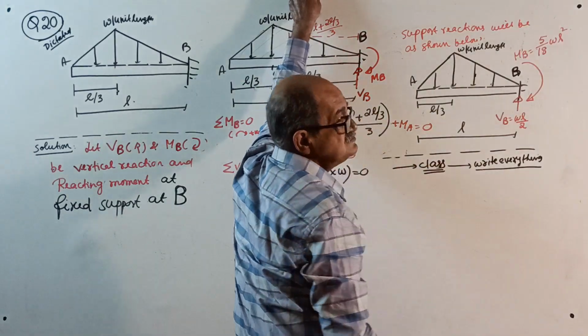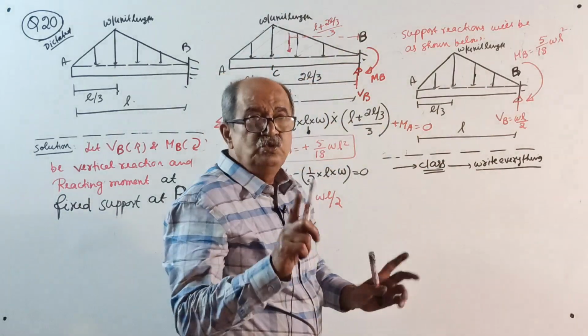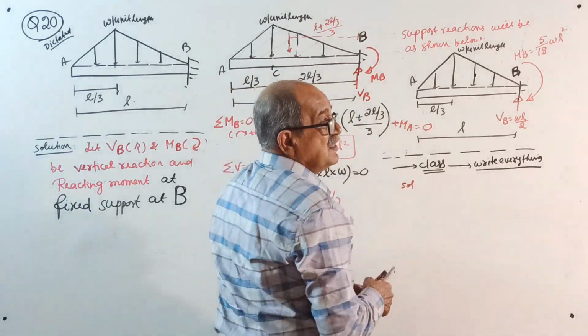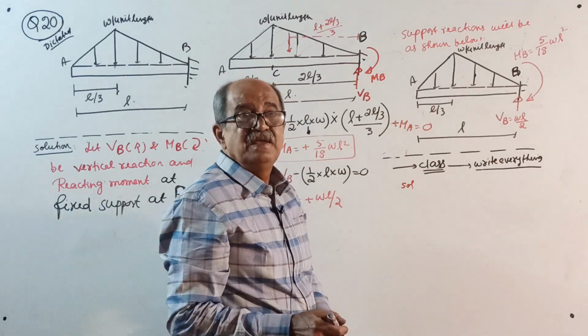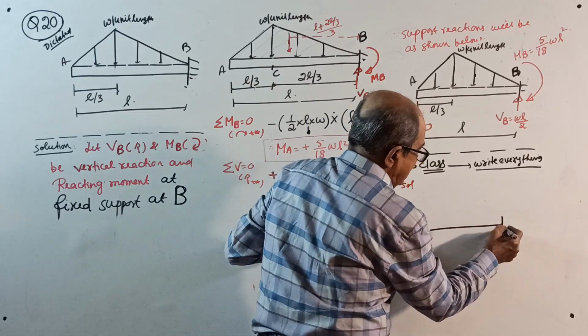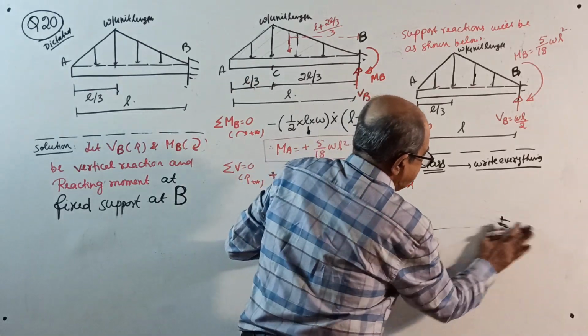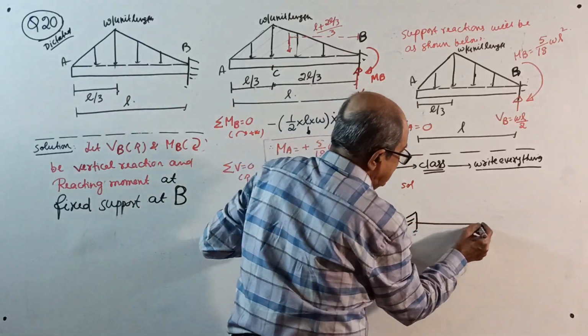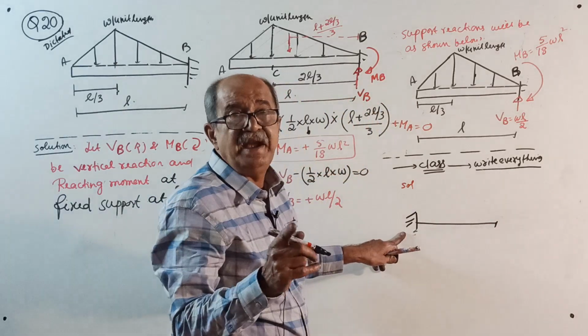Enter the answer. Okay. Now, those who want, solve one more question. This time, write the same question here. A cantilever beam of length L is fixed at the left end.